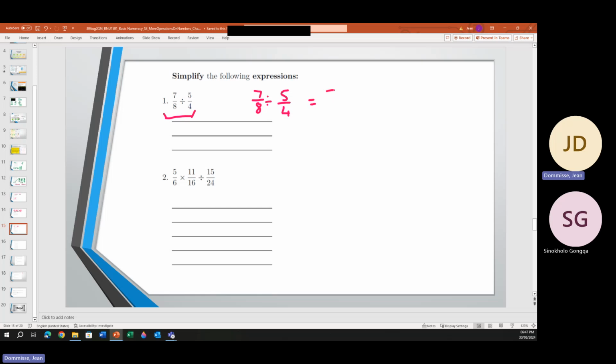We are allowed to change the division to multiplication, but when we do that, we need to swap the term that is on the right of that. We need to swap around. Okay, so we can do that, but we need to swap it around.